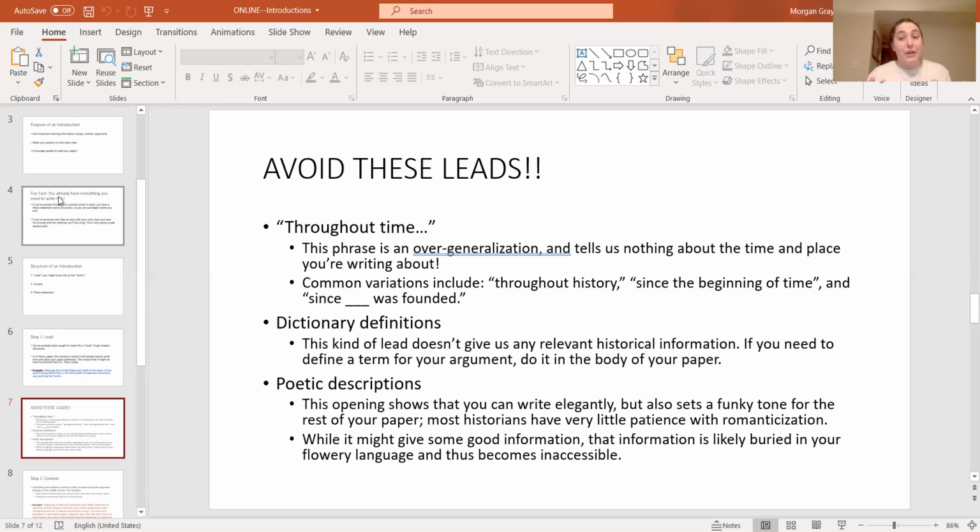As you all know from reading your own articles and book assignments for class, attention spans are like this. They're itty bitty. And if you give people too much to sift through, they're not going to want to read it, so they're not going to get the information that you want. So flowery language in general is a bit of a no, especially to start out your introduction.